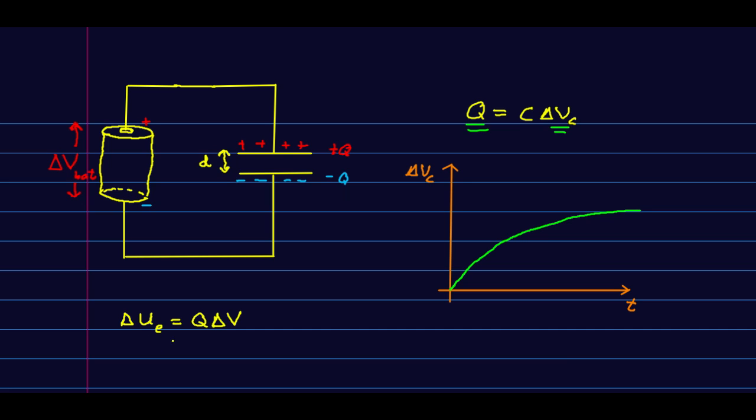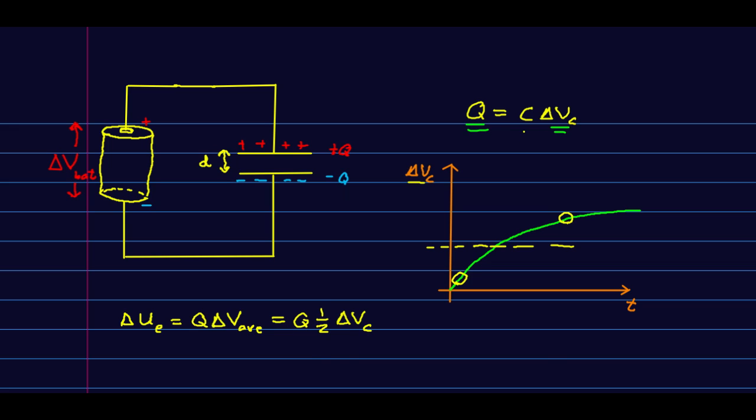Q times delta V gives us a delta U. But wait, the first bits of charge you moved around here, you moved through only a very small delta V. Later charges that you moved through here, you moved through a larger delta V. And so not all of this total charge Q moved through the same delta V. And so one way of thinking about it is that on average, the charge is moved through some average delta V. And a good guess for what that average would be, which turns out to be correct, is that it is half of the final delta V_C that you wind up with on the capacitor.